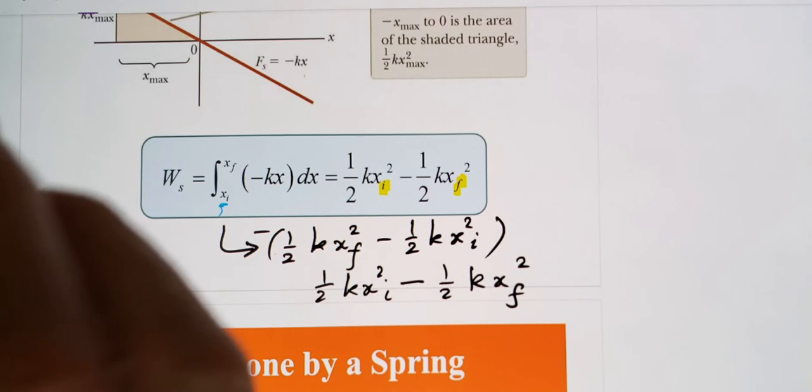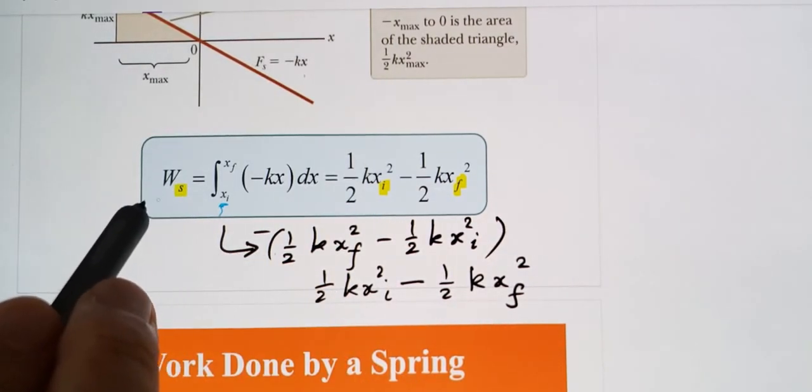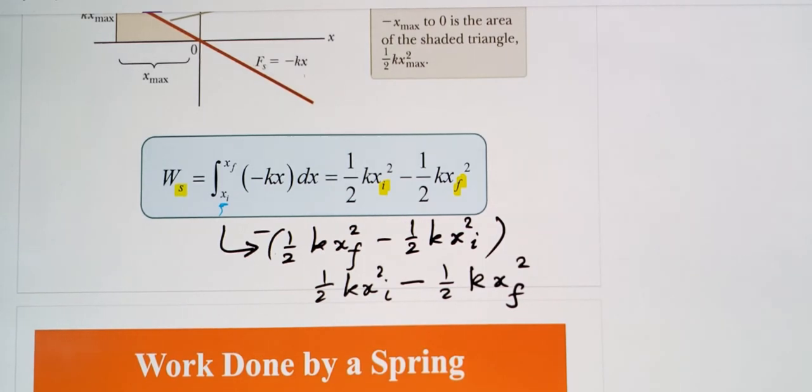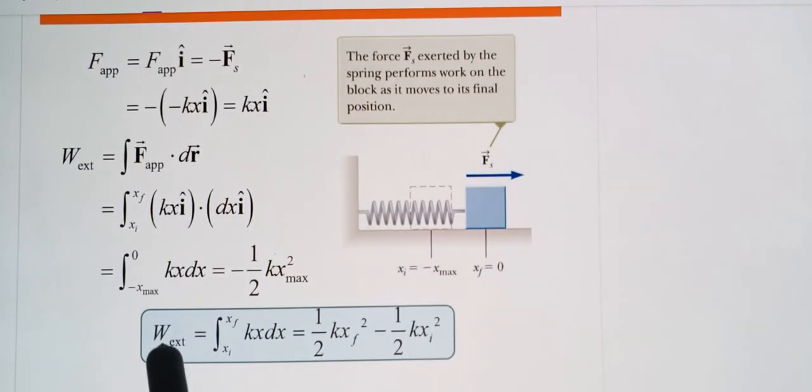Please pay attention, this is the work done by the spring. When you look at the work done external, that means by the acting force, if it is a human force or gravitational force or whatever acting force, for the external force, it is the usual k final square minus k initial square.